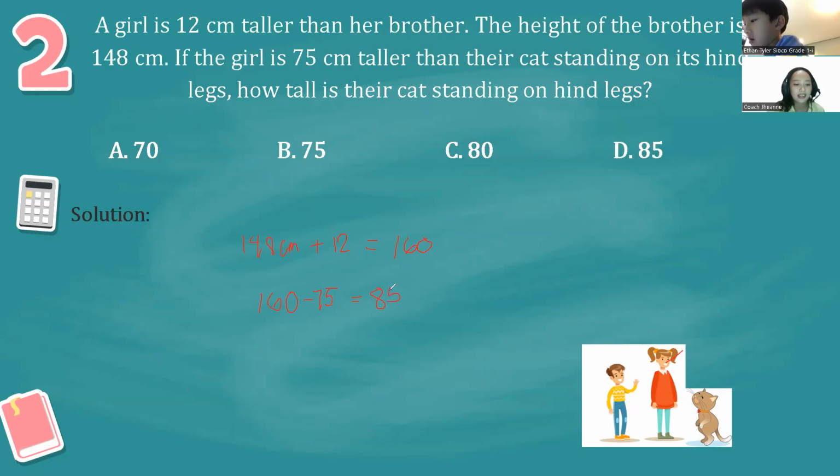Okay, 160, the height of the girl, minus 75, the difference of their height with the cat standing on hind legs, is 85 centimeters, and that is D. Okay, did you follow? Okay. Let's continue to the next question.